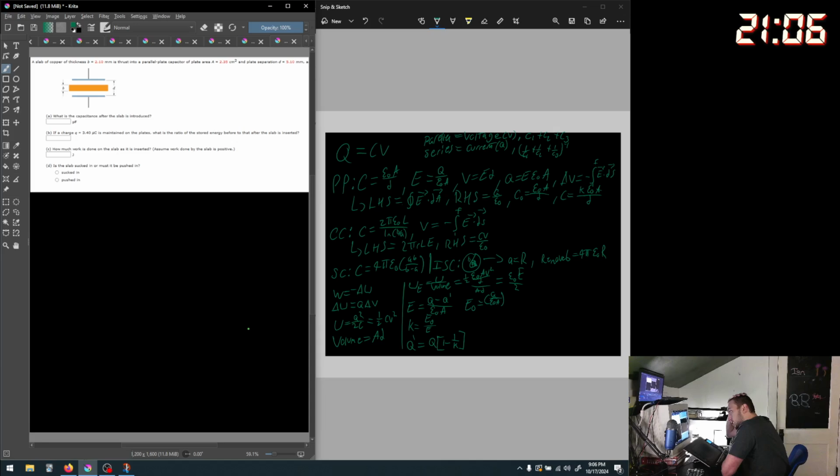So it's very interesting. You act as if the parallel plates are closer by the same difference as the slab makes up when it's inserted, which is such a wild thing to think about. But we should be able to get this done, and it wants it in picofarad.